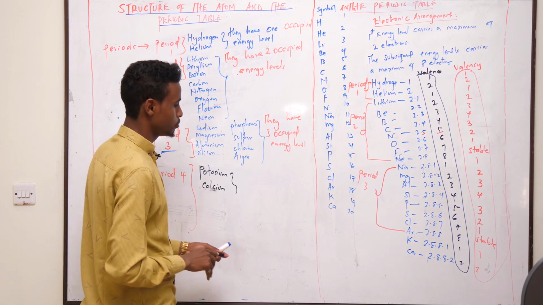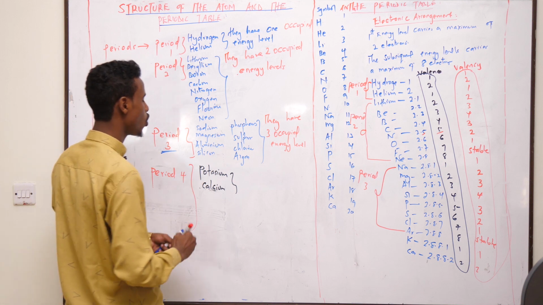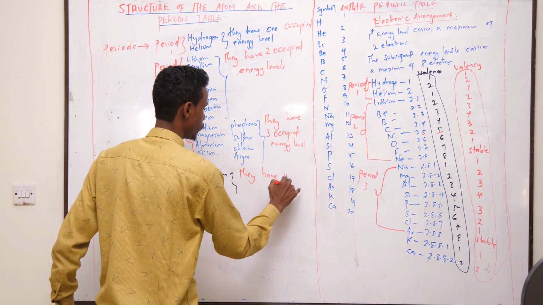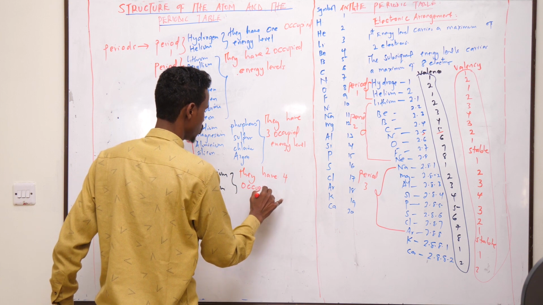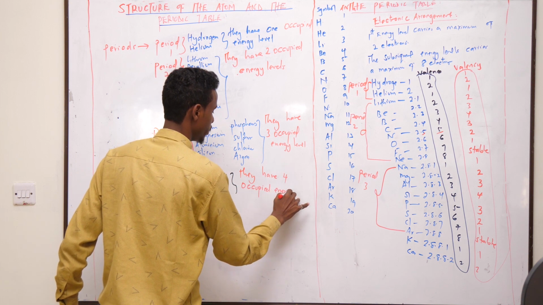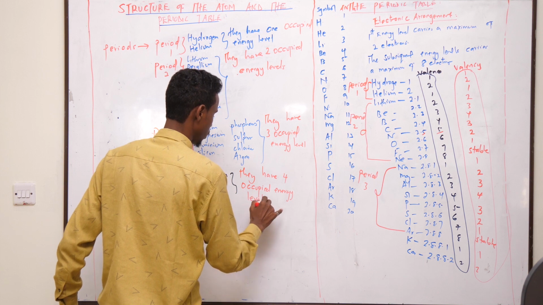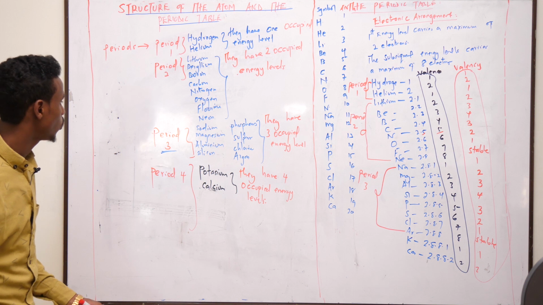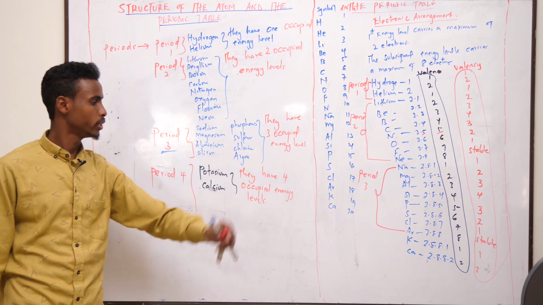Why are they in period 4? Simply because they have 4 occupied energy levels, therefore they are in period 4.